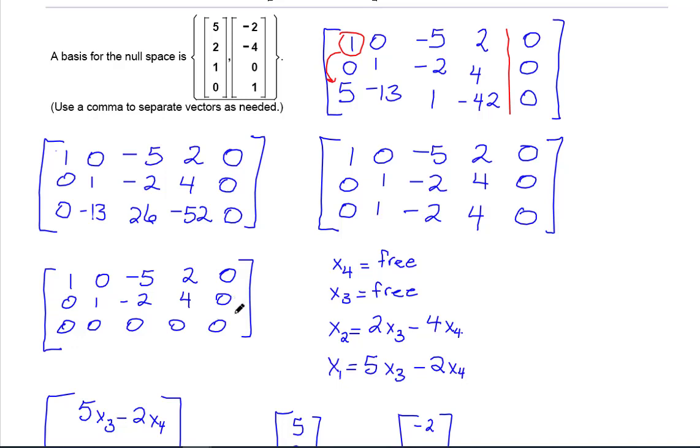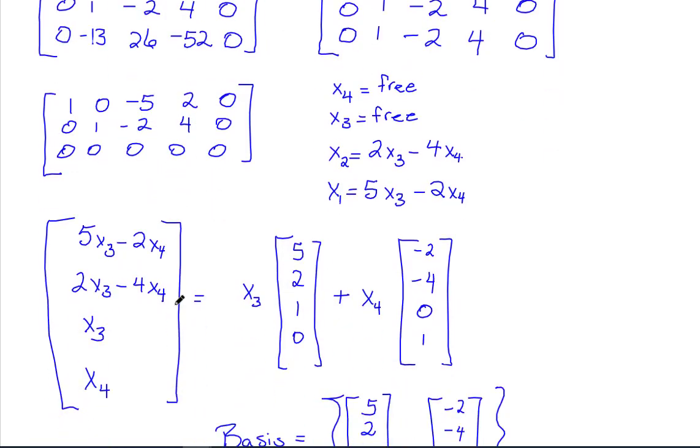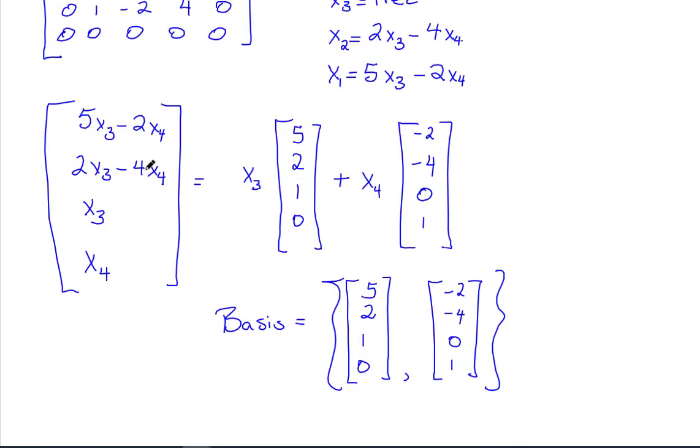At that point, well, what do we have? Well, we've got basically x2 is 2x3 minus 4x4. So x4 is free, x3 is free, and x1 is also a combination of x3 and x4. All right, so when I look at that, I can form this particular vector. And now I'm going to split off all the things that have x3 in it and the pieces that have x4.